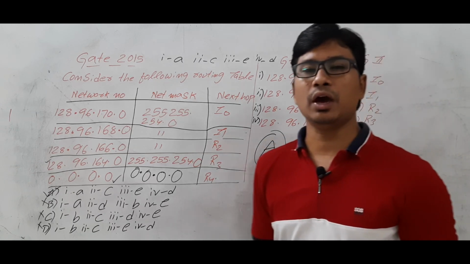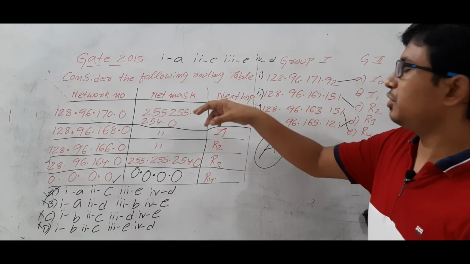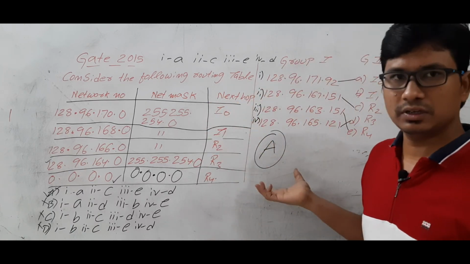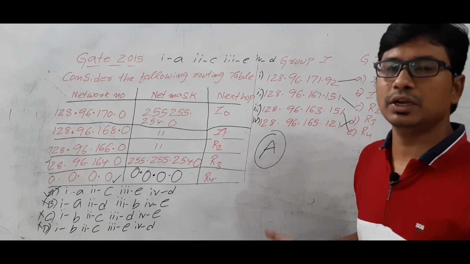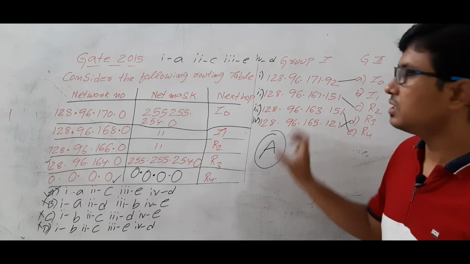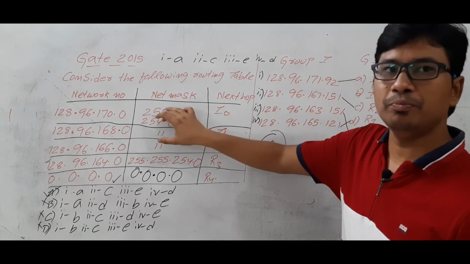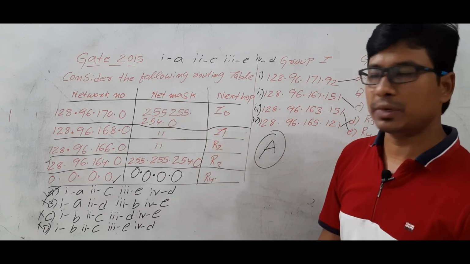I hope you have understood how I solve this question. It is very simple. Okay. If you have watched my previous video, without watching the complete video, you can solve this question by yourself. See, this is the destination IP address. This destination IP address has to perform bitwise AND with the network mask.